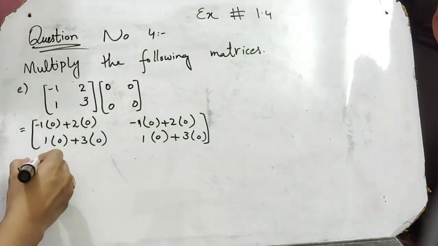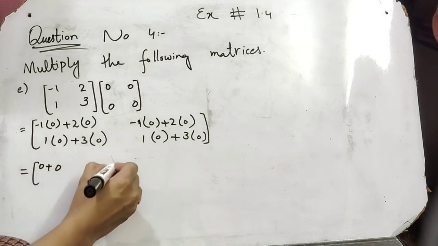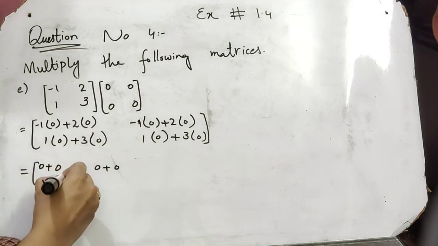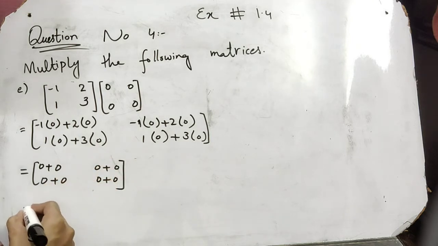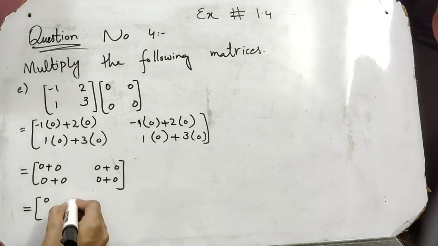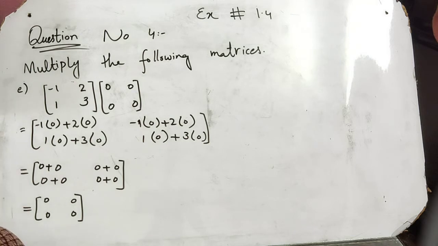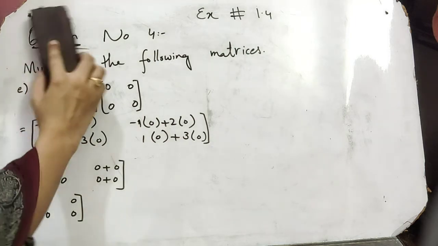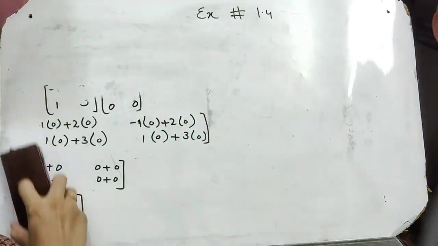It will be equals to 0 plus 0, 0 plus 0, 0 plus 0, 0 plus 0. It will be equals to 0, 0, 0 and 0, all the 0 matrix of order 2. Now we move toward the next question.